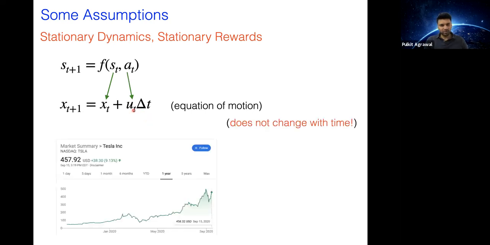But consider the stock market. The dynamics over here are not stationary. The way the system is evolving is changing over time, so it is a non-stationary system. It's something to keep in the back of your mind that we have been implicitly assuming.